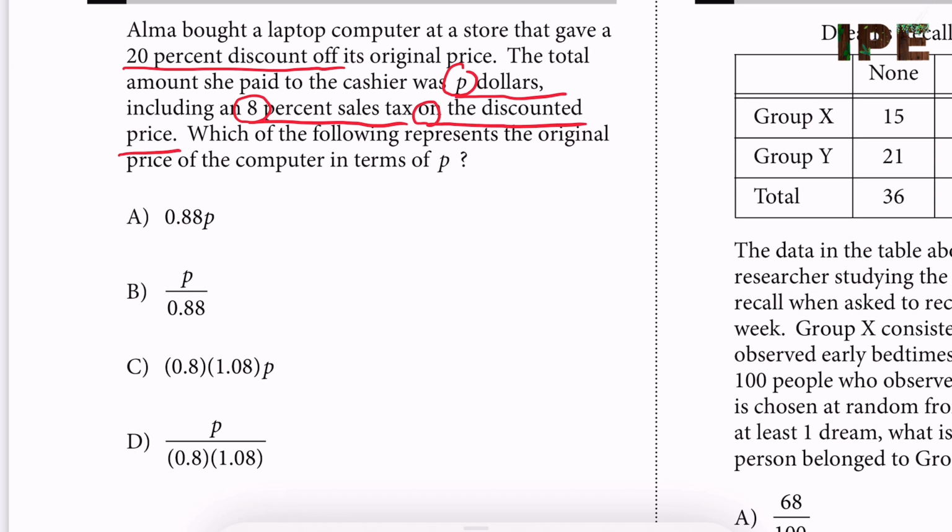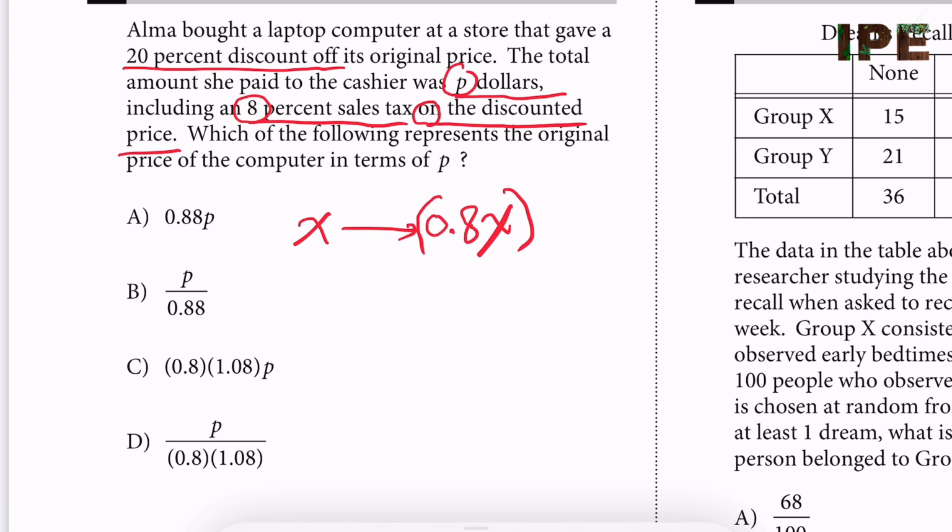Let that original price be X dollars. Okay, that's X dollars. How many percent discount off? 20% discount off. Don't subtract 20%, just multiply by 0.8 because the customer should still pay 80%, right? So 0.8X is the discounted price, and then sales tax. What percent is that? 8% sales tax should be added on the discounted price.